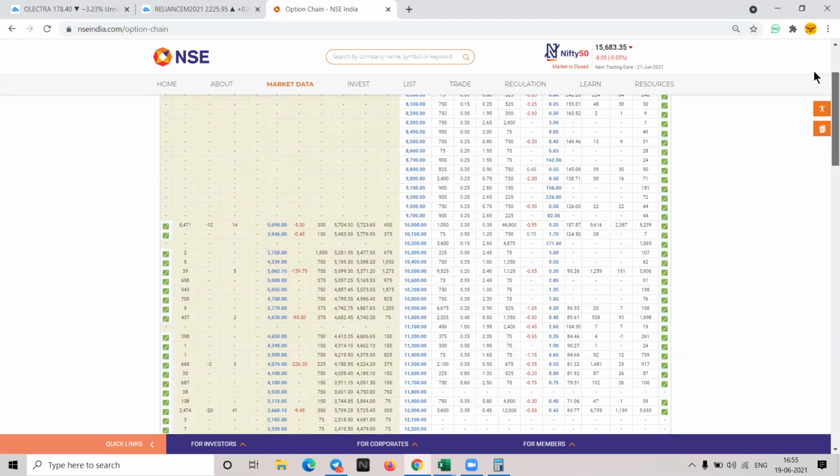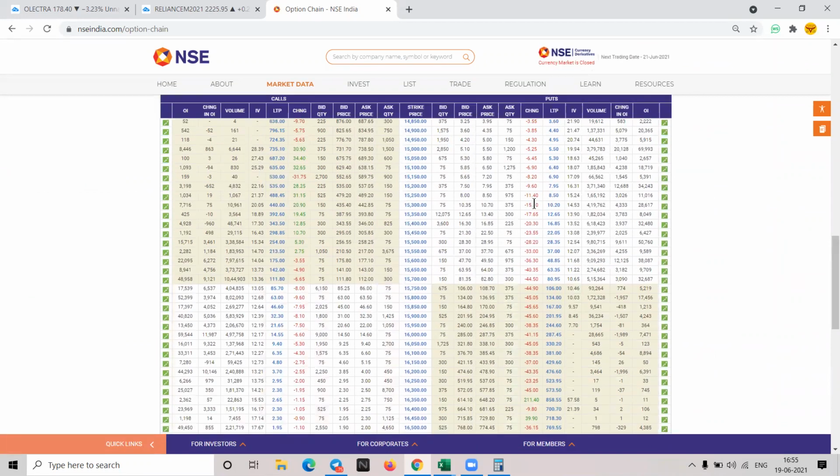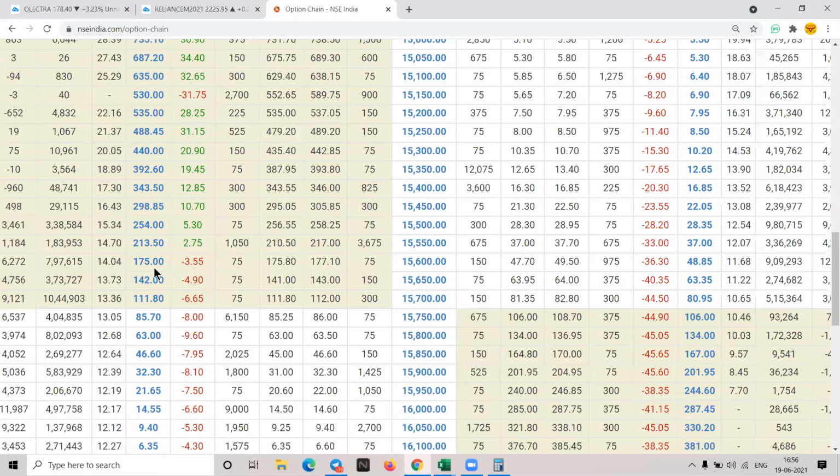Okay. Right. So if you just look here, I think in that view it was showing wrong. So the price is 175 only. The contract value is 175. This IV price was showing in LTP. Is it clear? The last traded price is 175 for this contract. Can you notice that? Yes. Clear, right?